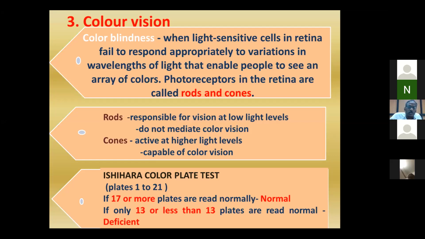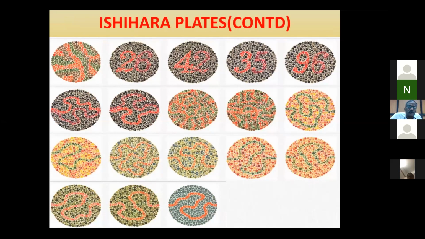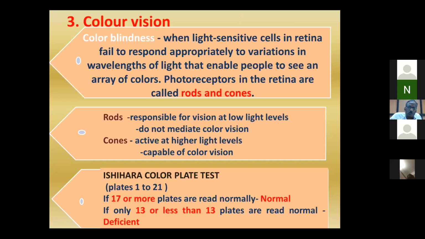I told you 21 plates are there, here some plates, here some plates. When a patient can identify 17 or more plates, their cones are normal and they can differentiate the colors. When the patient scores below 13, or cannot read at all, it indicates that the patient can have a delay or deficiency in assessing the color of a particular object. That is this picture.